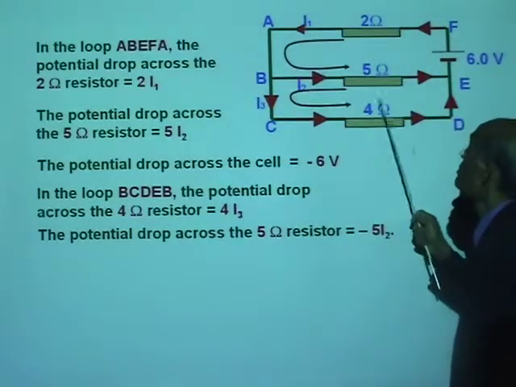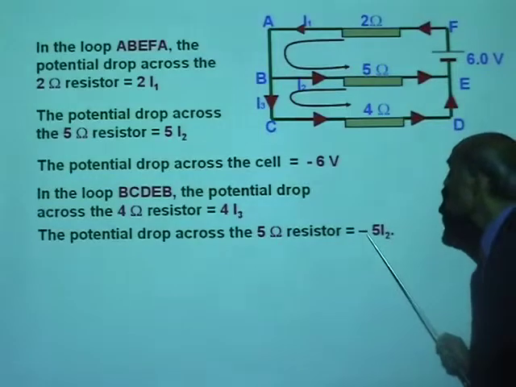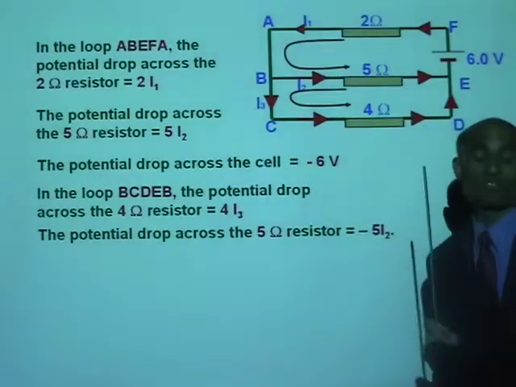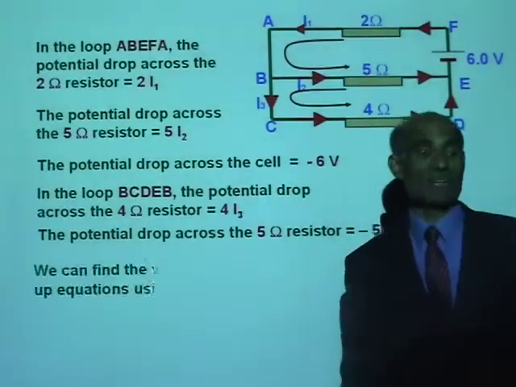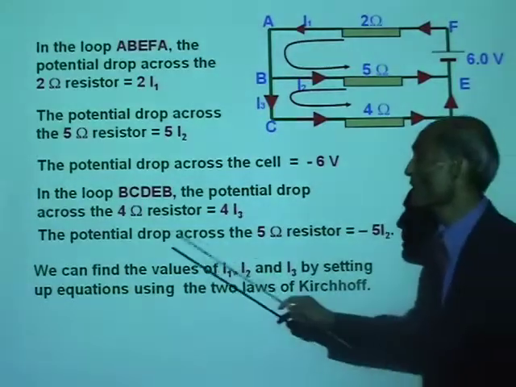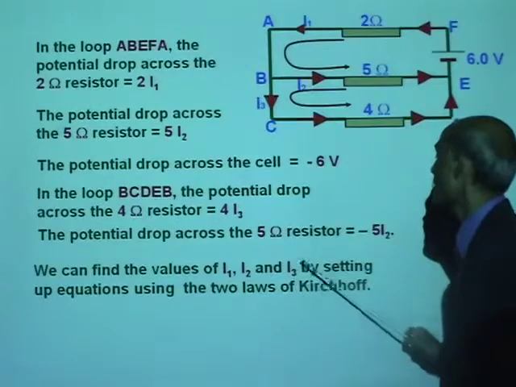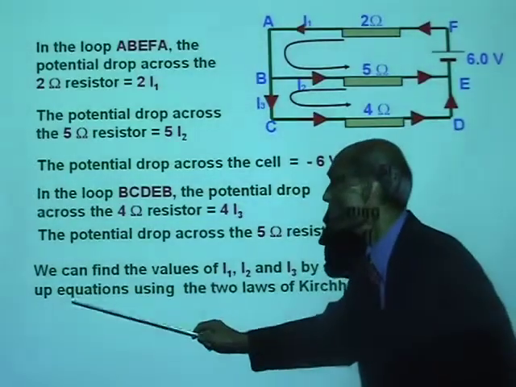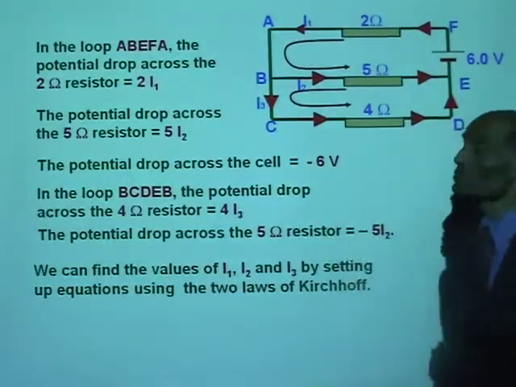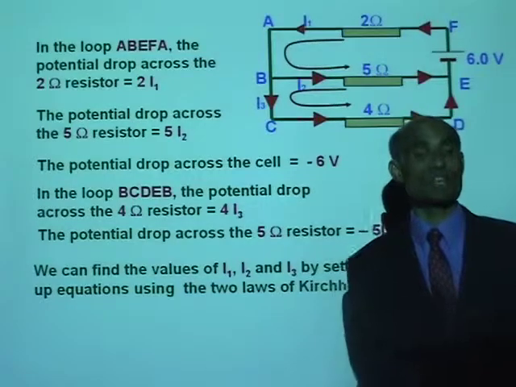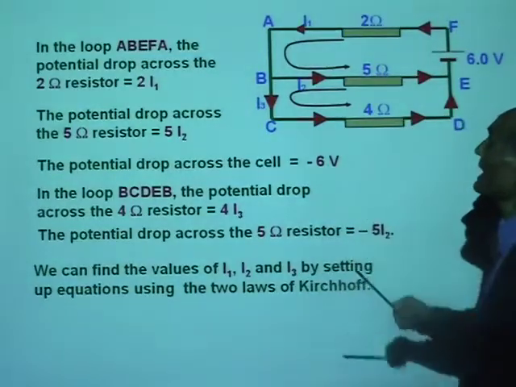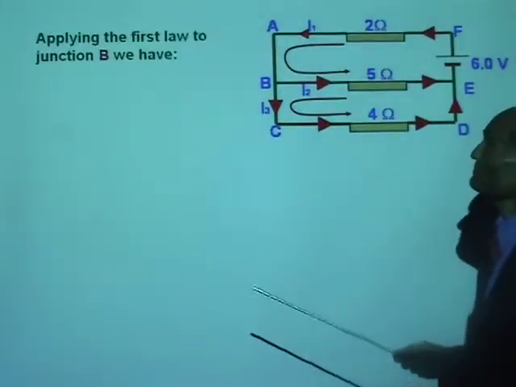Therefore the potential drop in the 5 ohm is negative 5I2. That's the way you calculate the potential drop. Now, we can find the values of I1, I2, I3 by setting up equations using the 2 laws of Kirchhoff. And we're going to do that on the next slide.